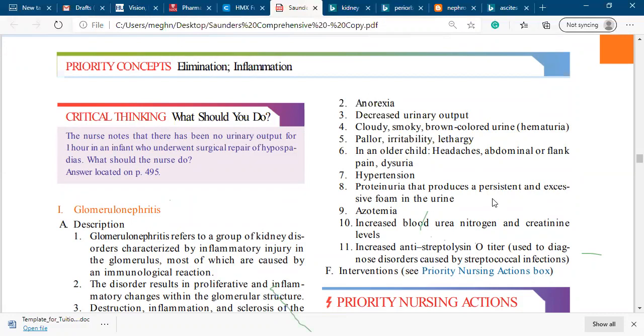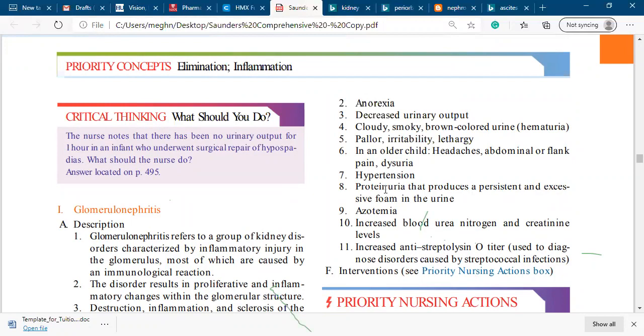Cloudy means pus formation because of infection. And sometimes hematuria. Hematuria means urine mixed with blood. And the patient develops pallor or lethargy, hypertension, and also proteinuria, right?